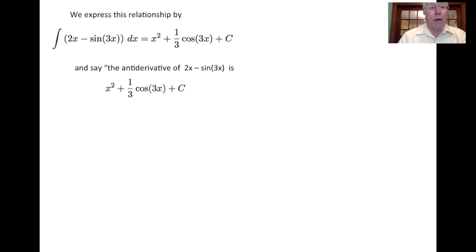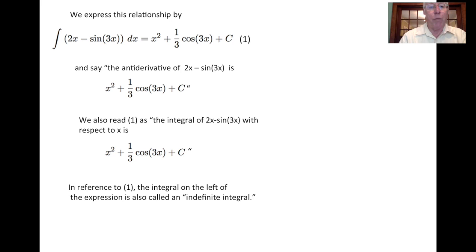We have some symbols to help us talk about this kind of problem. We write the antiderivative relationship in this way, and we can read this in a number of ways. One is to say the antiderivative of 2x minus sine 3x is x squared plus 1/3 cosine 3x plus C. We can say the antiderivative or the general antiderivative, either one of those is okay.